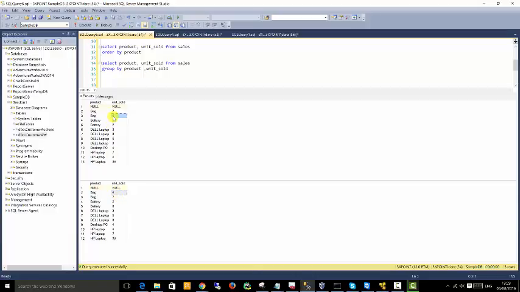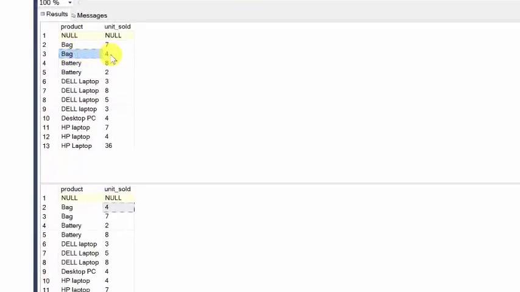So imagine if we had hundreds of records for bag, and among that 50 had 4. When we group them together like that, we're just going to have one of them, because we're telling it, okay, go and look for me where these 2 occur together.